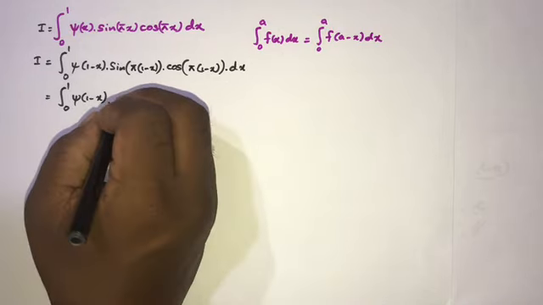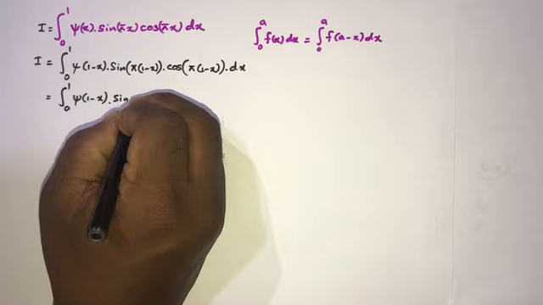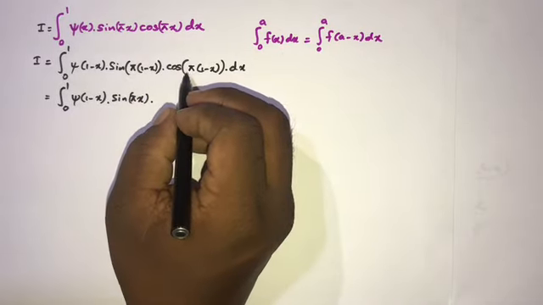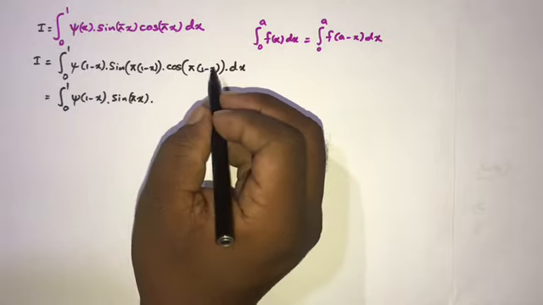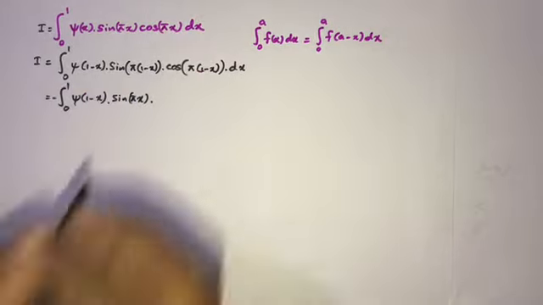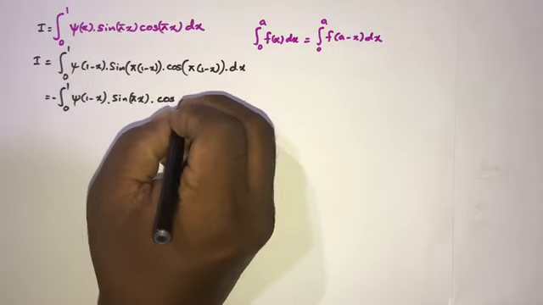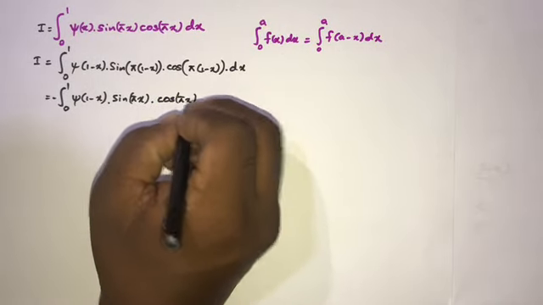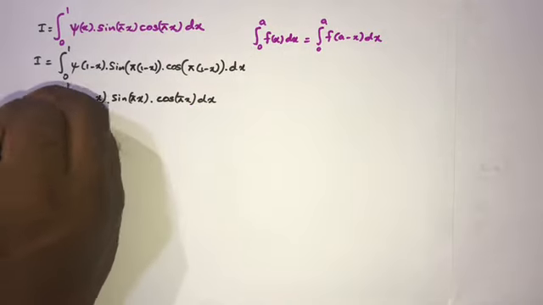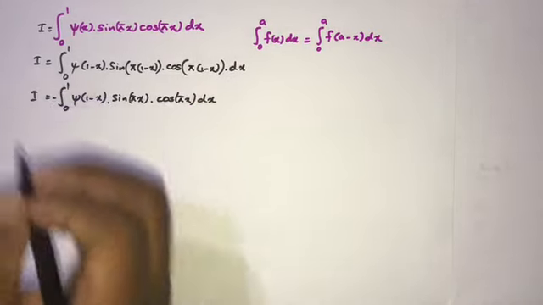We know that is sine of pi x. Then cosine of pi minus pi x, we know that is minus cosine of pi x. We can write here a minus sign, and then cosine of pi x dx. Okay, then we know this is also equal to I.